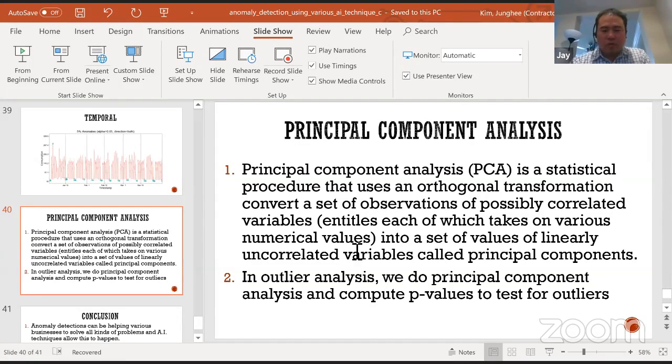It's similar to a clustering method because we reduce the dimension from many dimensions to 2, and then if some data points are far away from the main data points, we can doubt them as outliers as well. So it's a technique for dimension reduction.